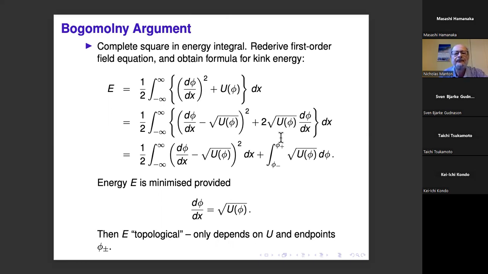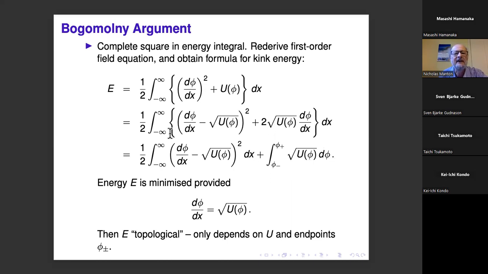And now the important thing about this is that because it's linear in d phi by dx and you're integrating dx, you can integrate this and get rid of the x integral, turn it into a phi integral. So you get this first term, which is the same as there, but you now get the integral between endpoints, whatever they are, of the square root of U d phi.